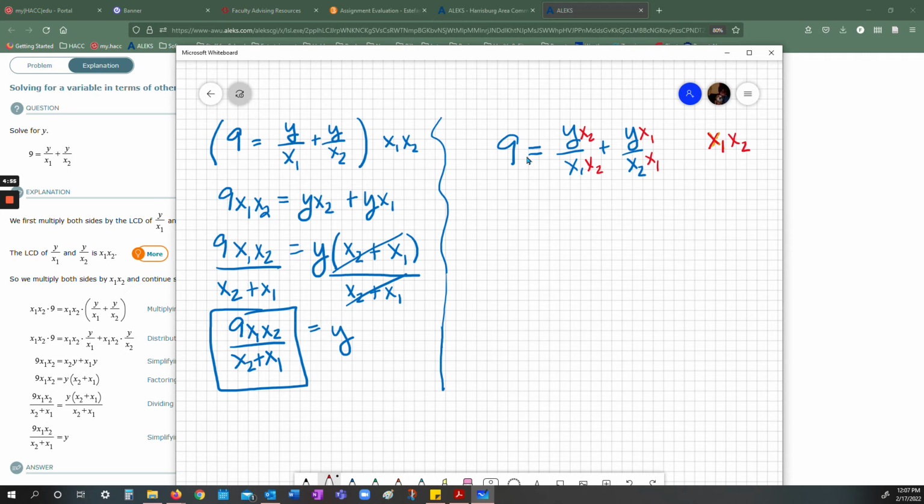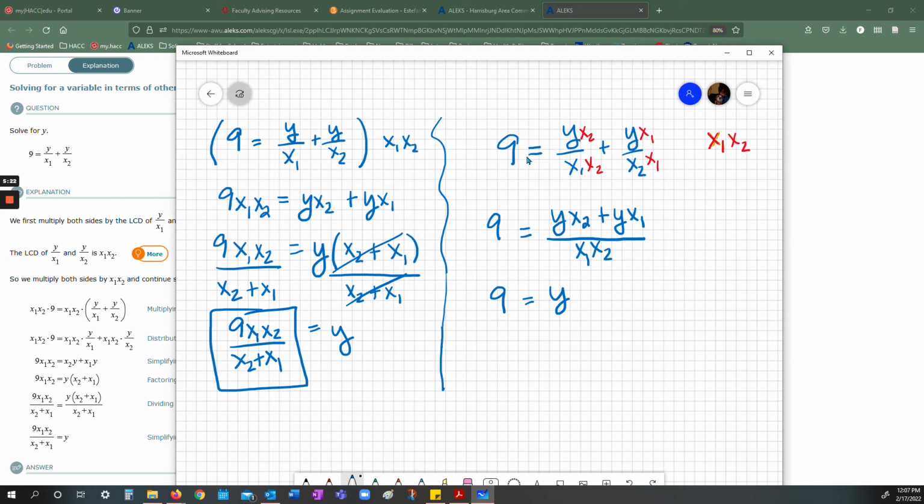And so we're going to get now 9 equals yx sub 2 plus yx sub 1 all over that common denominator, x sub 1, x sub 2. It doesn't matter what order you do x2 in the next one. And now I could factor the y out.